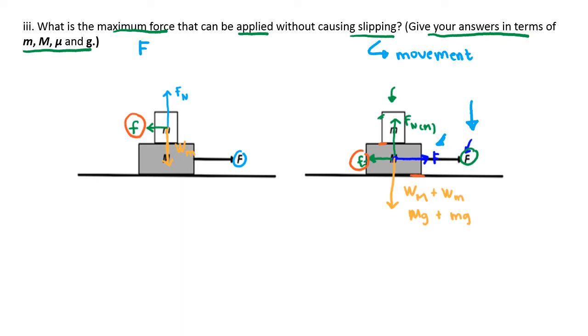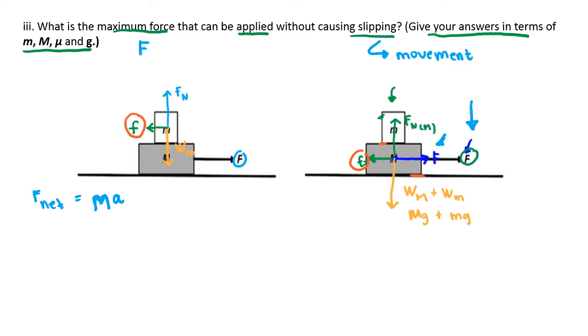Okay, so therefore we would be looking into Newton's second law, and that's going to be F net is equal to ma, but since the object that we are talking about here is the bigger block, we will have it as capital MA.